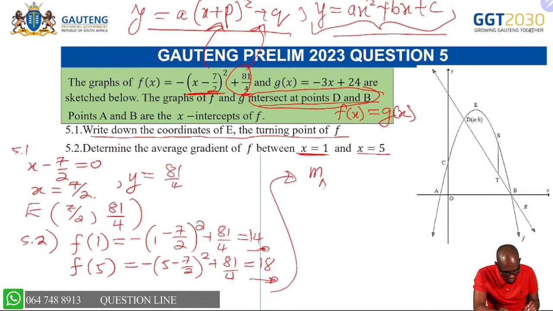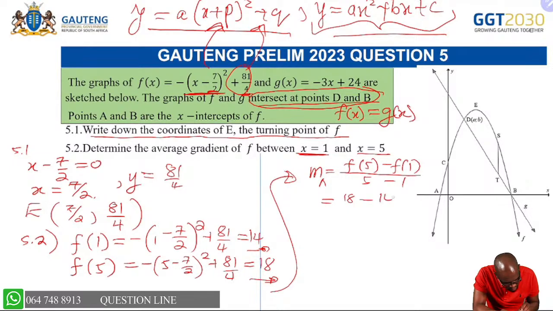So you'd be able to find that average gradient, which would be equal to f of 5 minus f of 1 over 5 minus 1. So this would be 18 minus 14 over 5 minus 1. So the gradient will therefore simplify to the value 1.